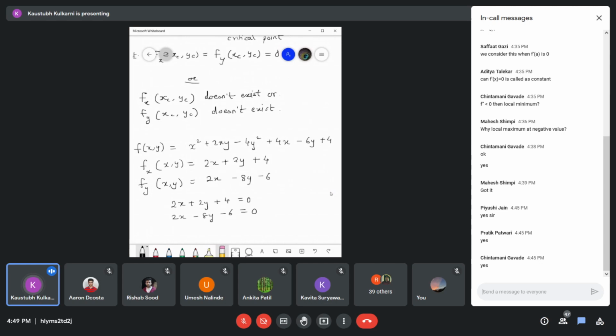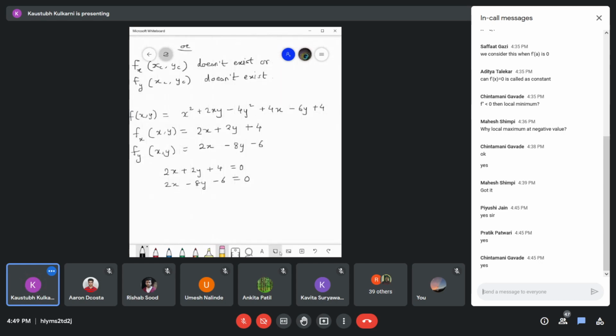Now this is like solving a set of two simultaneous linear equations, as we have seen in the previous semester also. Can you solve it and tell me the values? Again, you don't have three equations here.